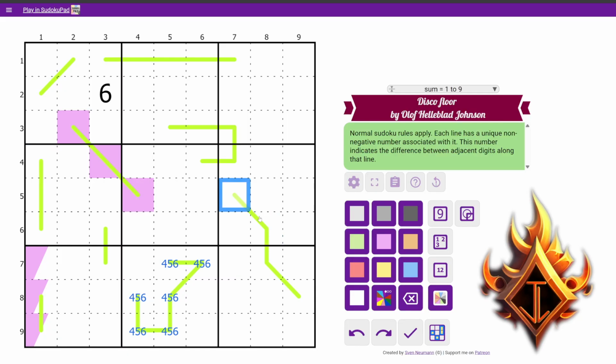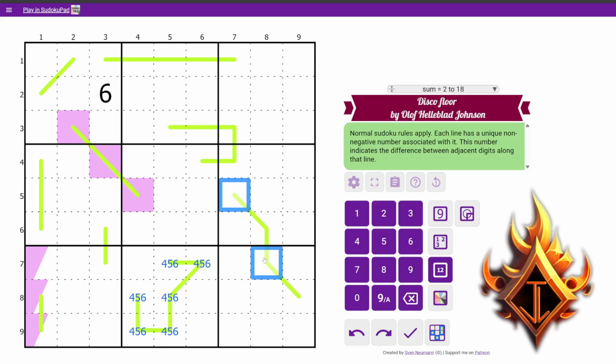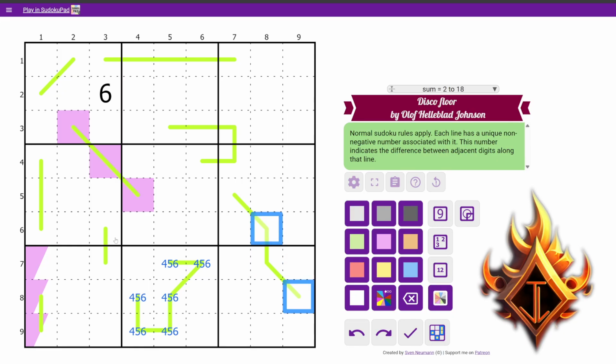However, these 2 digits could be the same. Is that true for 8? Yes.